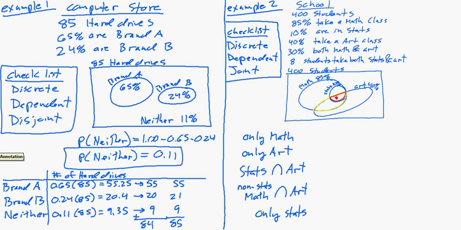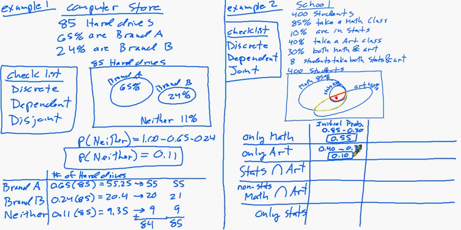So now let's try and get the numbers for these just like we got the numbers of hard drives. Here are the beginnings, and what I'm doing is an initial probability, because we don't actually have the only math probability. Over here, you do probability times the number to get your actual number of students, in this case, hard drives over there.